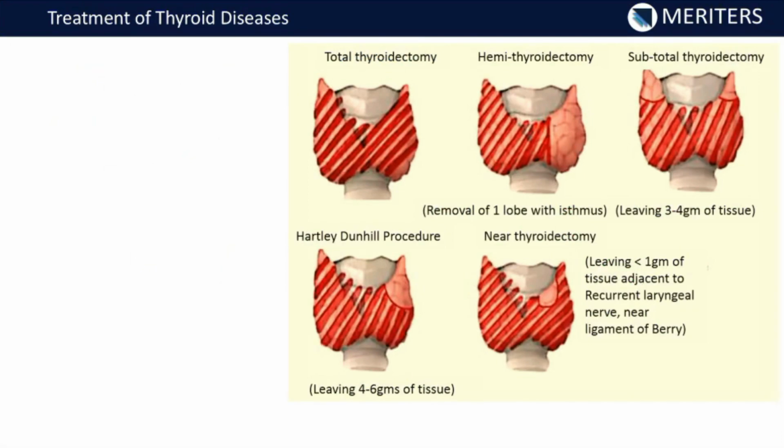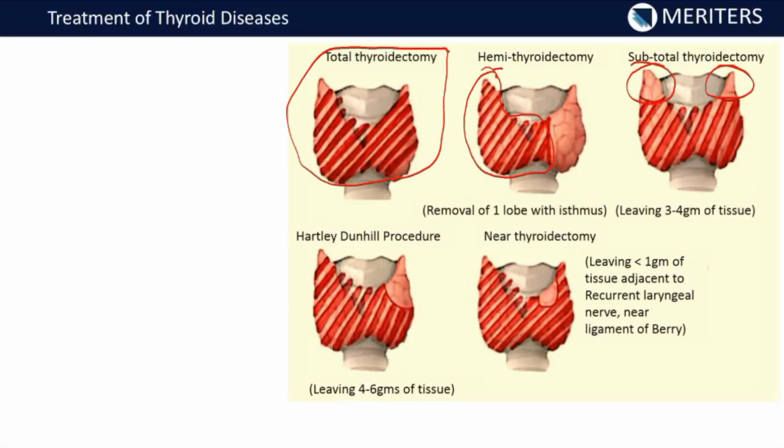Okay, so these are the pictures which we have discussed. This is a total thyroidectomy where we remove the total gland, both the lobes and isthmus. Then you have hemithyroidectomy where we remove one lobe and isthmus. Okay, then subtotal thyroidectomy where we preserve 1 to 2 gram of tissue on both the lobes.